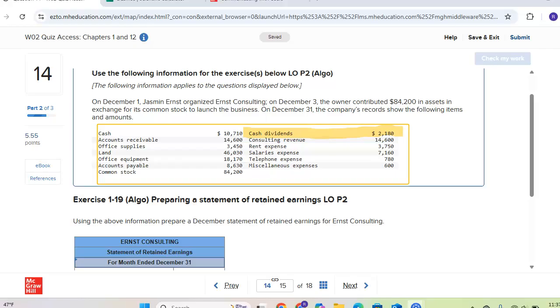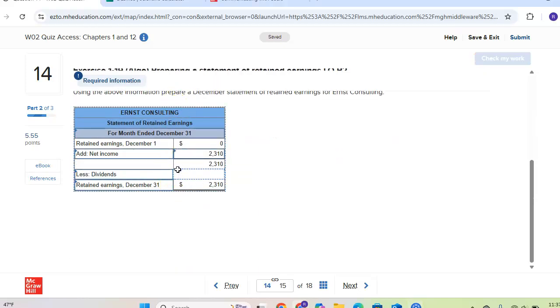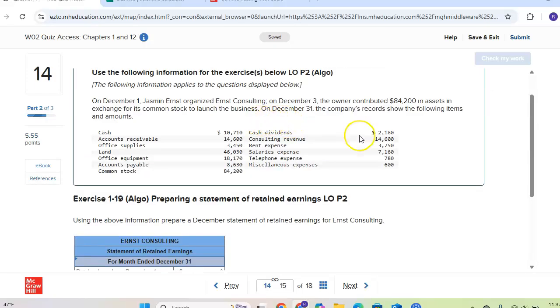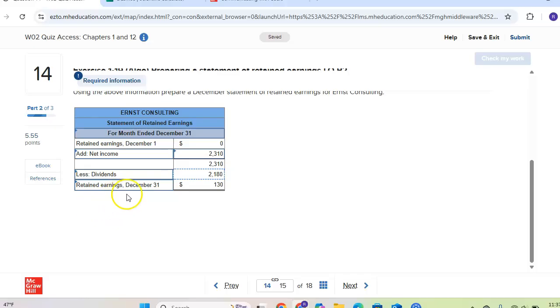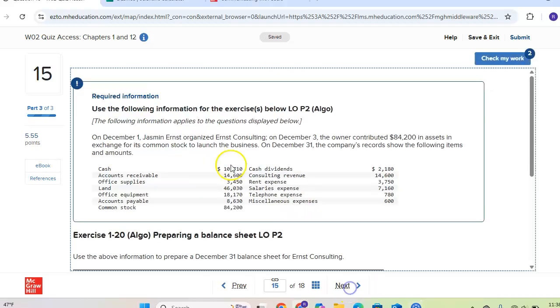And there's no other dividends in the box. So you put in 2,180 for cash dividends, and it'll automatically subtract dividends from net income for us to get 130 as the retained earnings for December 31st. Pretty short question, pretty easy.